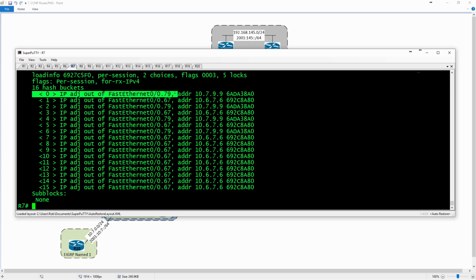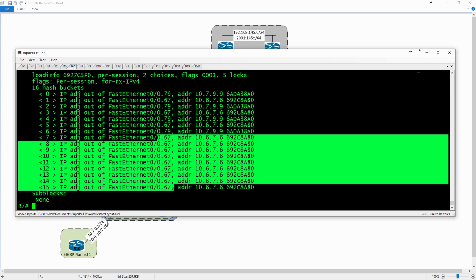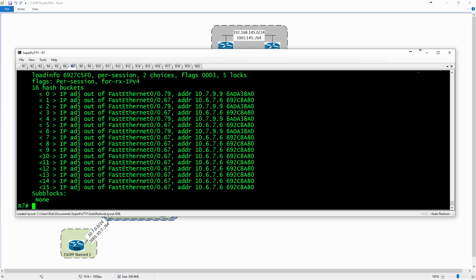Hash bucket 0, hash bucket 2, hash bucket 4, and hash bucket 6 allow us to go towards R9. The rest of the buckets, 1, 3, 5, 7 through 15, all use router 6. It's basically a 3-to-1 or 4-to-1 ratio.